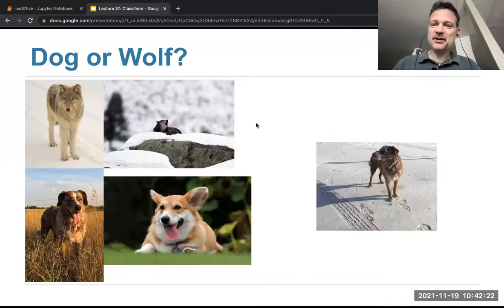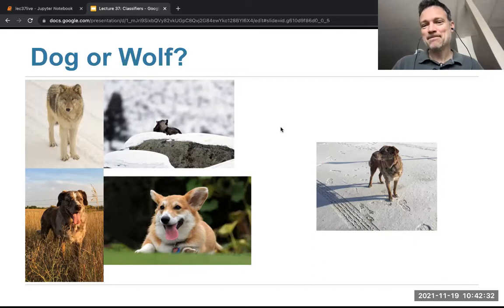Suppose that you built this classifier and you have an image in the test set that looks like the one on the right. That's a dog, right? Let me tell you something that can happen. That can get predicted as a wolf. In fact, with many existing machine learning classifiers, it's very likely that will get classified as a wolf. Does anyone have any ideas why?